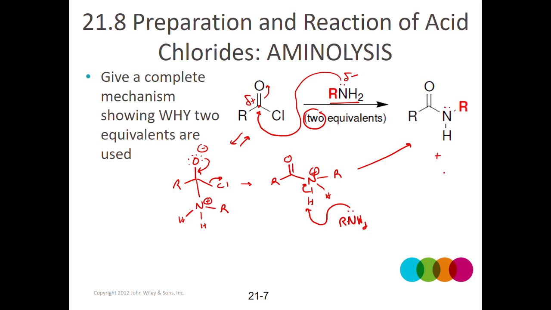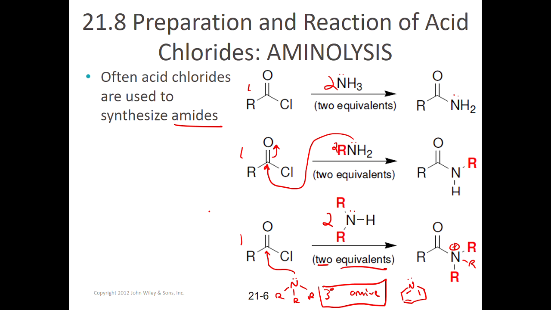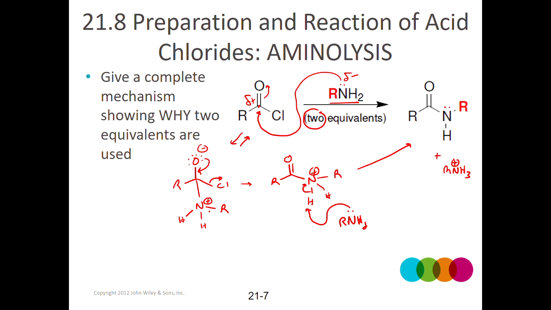And so as a byproduct, we would form the conjugate acid of that weak base. And so that mechanism you can apply to any one of these three reactions. So we can use acid chlorides to make an ester or an amide.